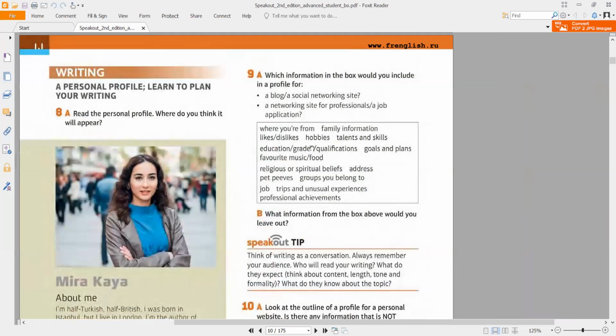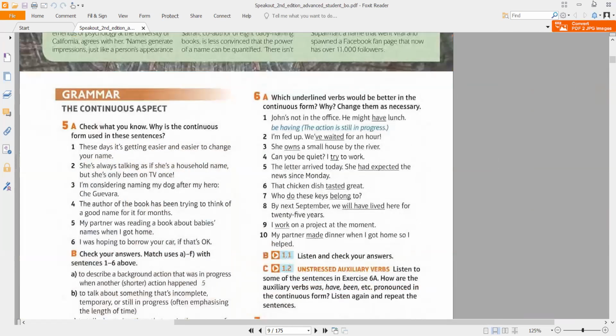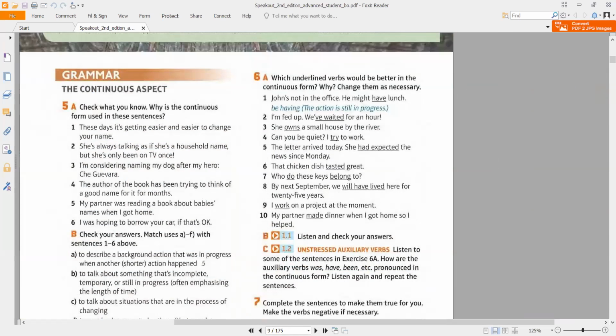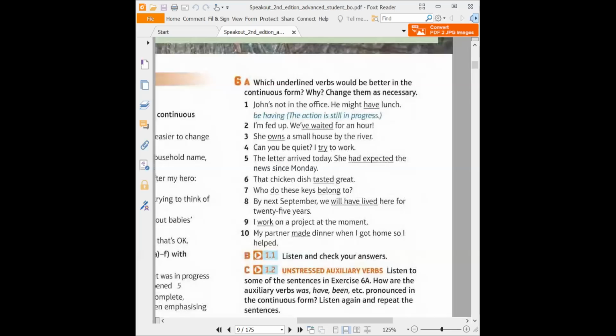And here in 6A, can you see it now? Yes. Great.